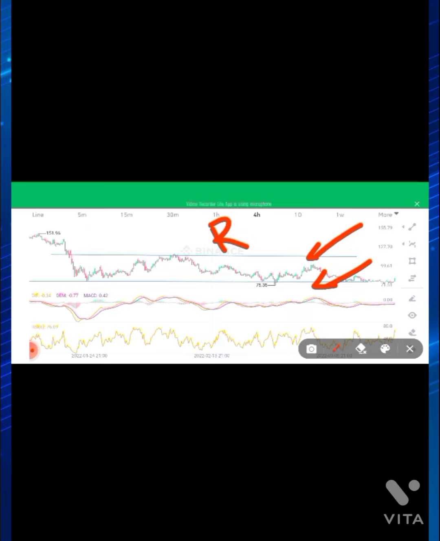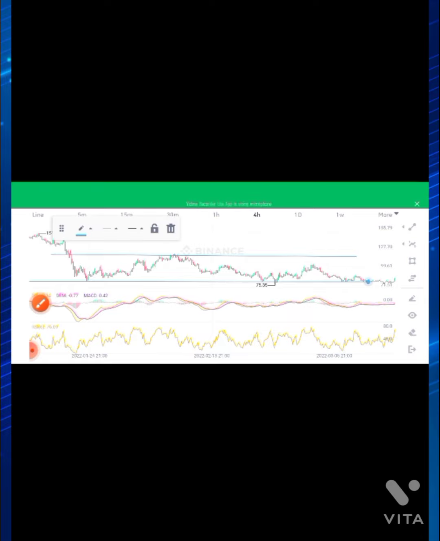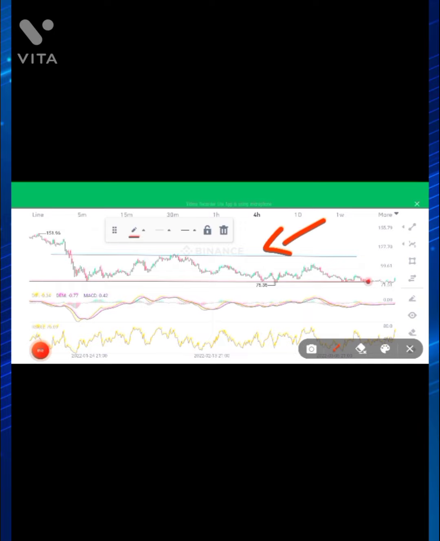While the line down, which I'll color red, is now my support zone. You can leave it the same color, it's just for identification purposes. So the line up is my resistance, and the line down is my support. It's always like that.